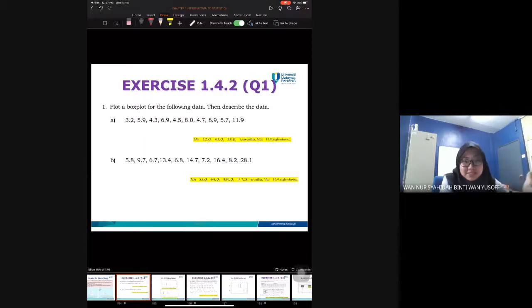Then we have to plot the outliers if they exist in your data set. If there is an outlier in your data set, then you have to plot it in your box plot. Other than that, we don't plot anything else. We don't plot the lower limit and the upper limit of the outlier. From experience, some students tend to draw the upper limit and lower limit. Understand that the upper and lower limits are limits that we find in order to know whether our data consists of an outlier or not.